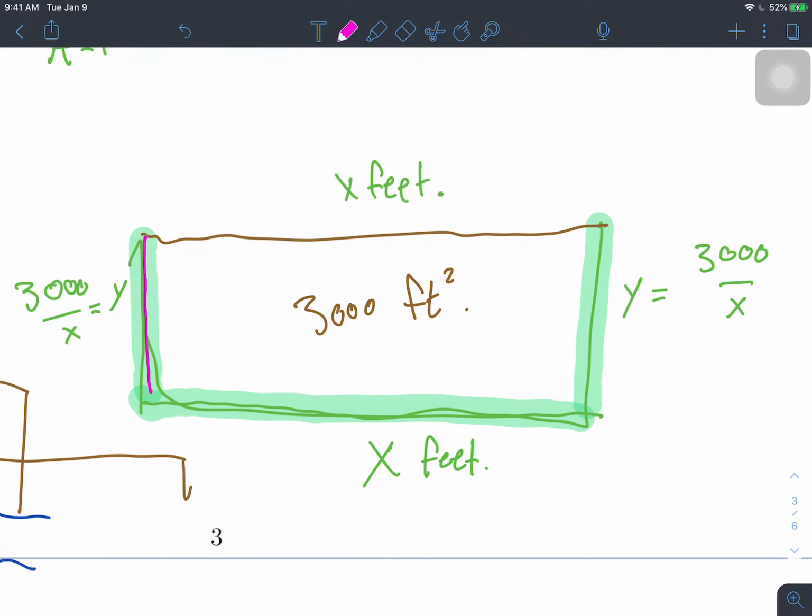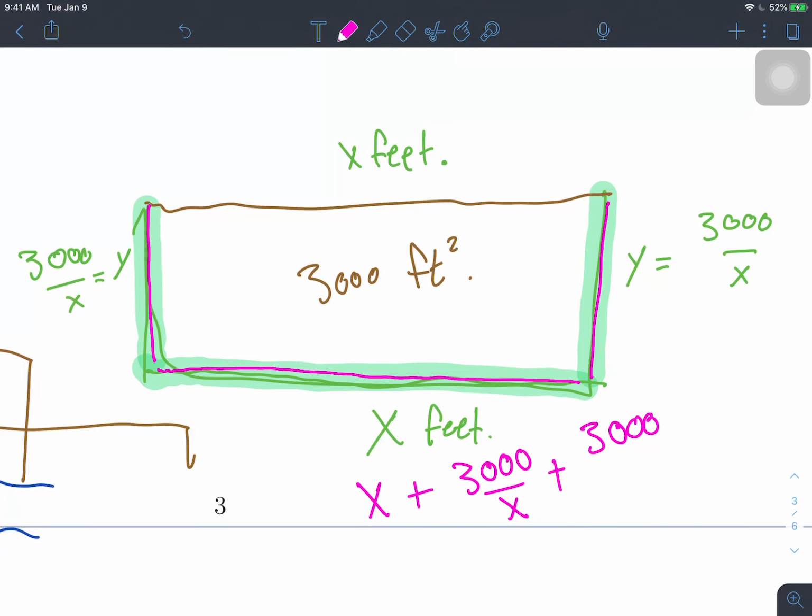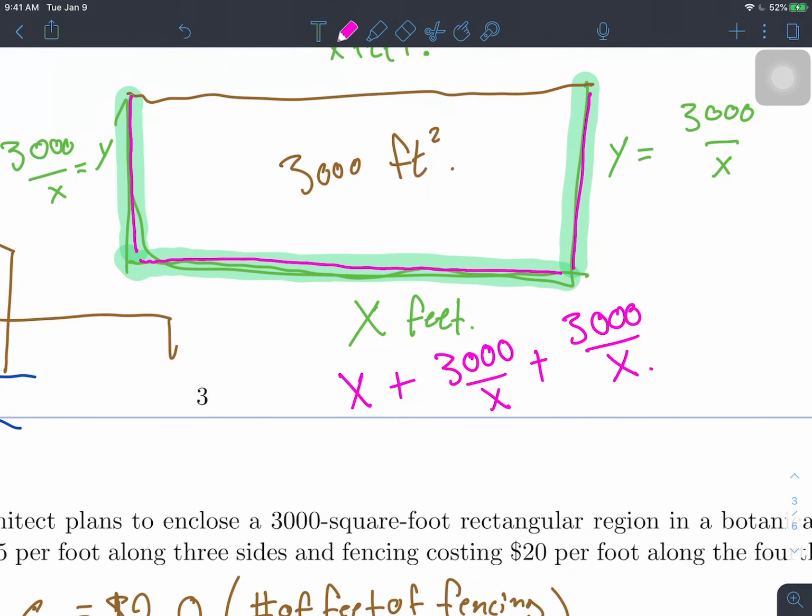It's 3,000 over x. I should add the length of this, which is x, and then I should add the length of this, which is 3,000 over x, right? So altogether, x plus 3,000 over x plus 3,000 over x is the addition of the length of the sides here, which is x plus 6,000 over x.